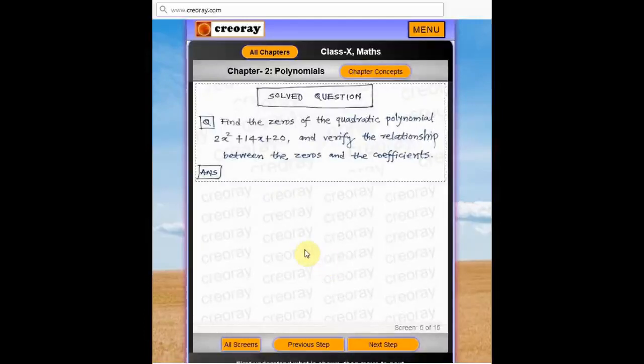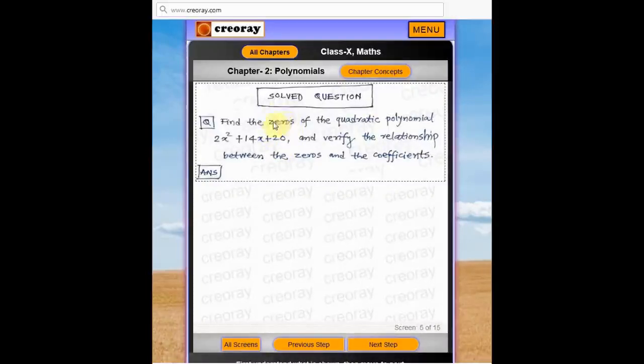Okay, one more question. Find the zeros of the quadratic polynomial 2x square plus 14x plus 20 and verify the relationship between the zeros and the coefficients. So look at the question carefully. They have given you a polynomial. This is of the form ax square plus bx plus c.